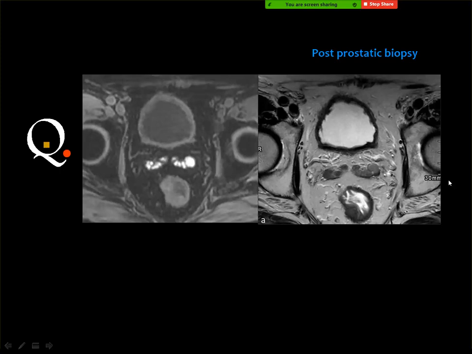This patient had a previous history of prostatic biopsy, and the lesion is in the seminal vesicles. What do you think?